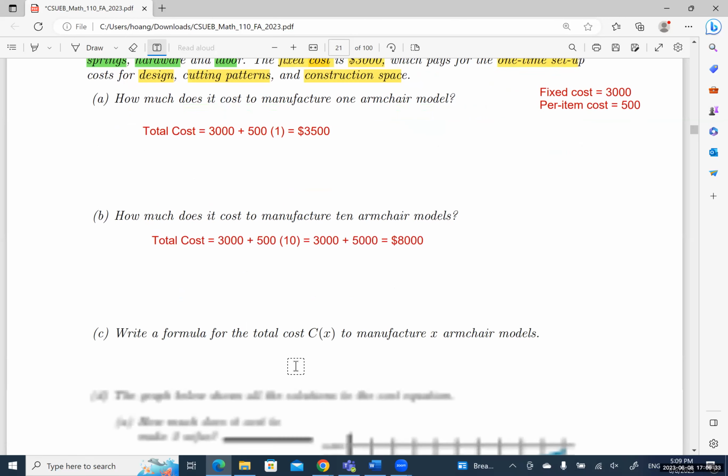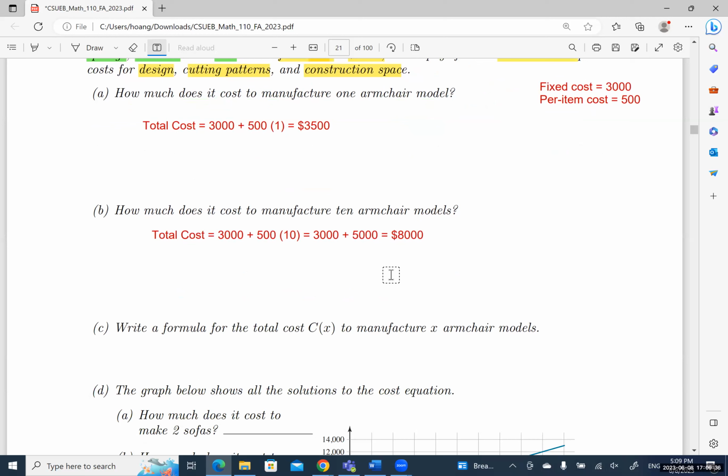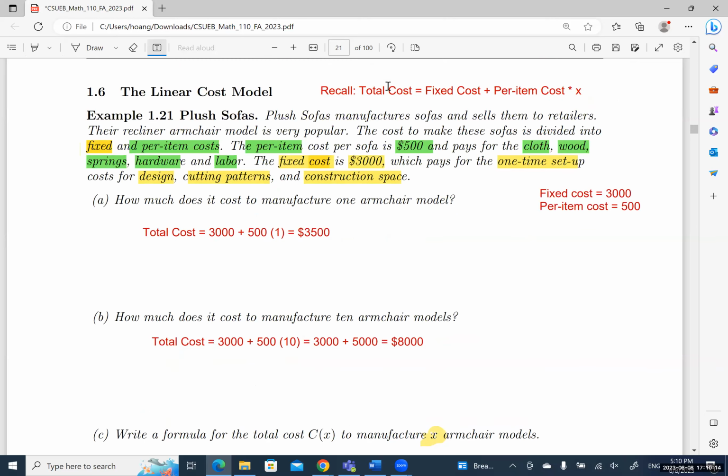So the formula for the total cost, instead of one chair, instead of 10 chairs, now I keep it as X chairs. So that will be C of X equal to fixed cost 3,000 plus 500 times X, right? Again, that's in the same form as I wrote above.